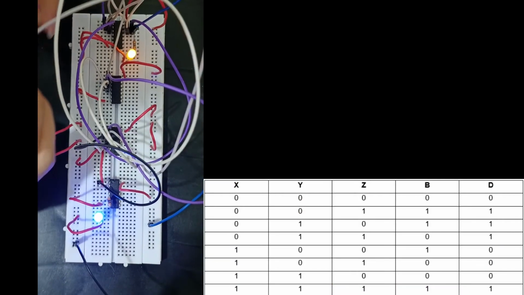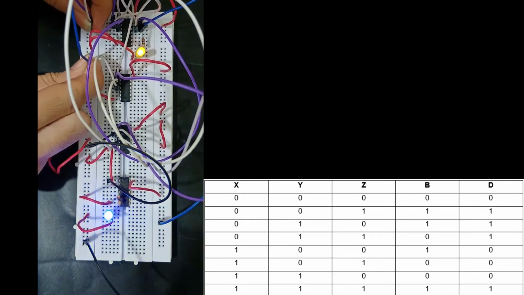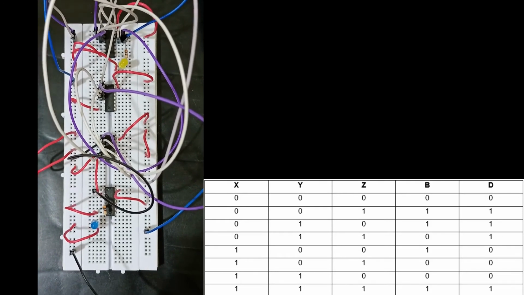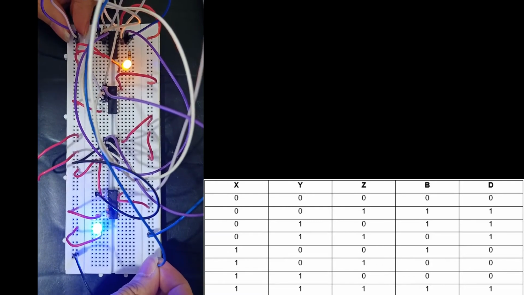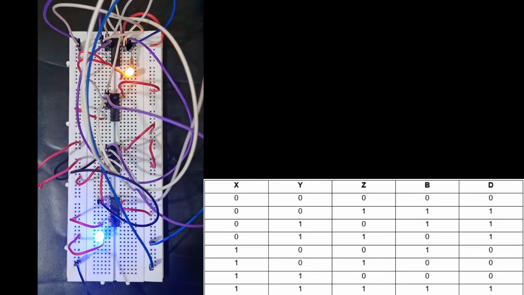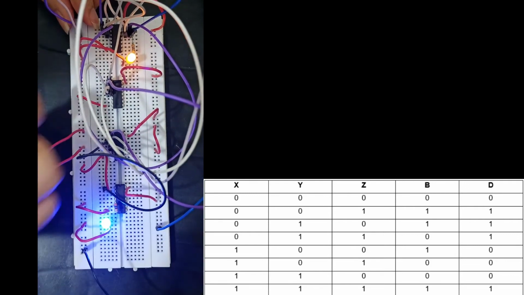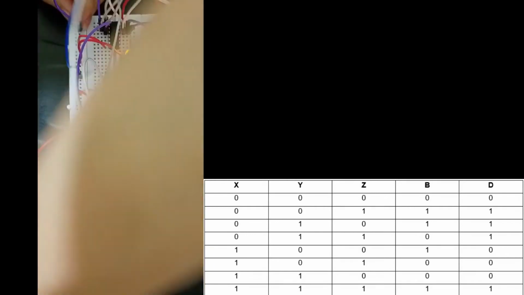If all of the inputs are 0, all outputs will be off. Then we place the input Z to 1, both outputs will be on. If inputs are 0, 1, and 0, both outputs will be on as well.